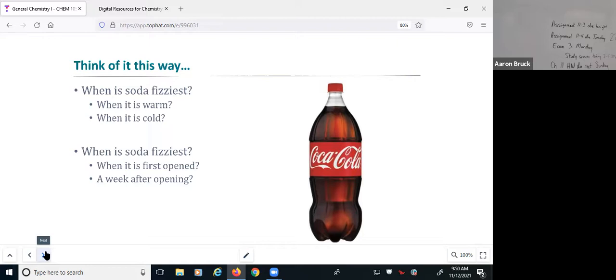The longer it sits out, the flatter it gets, because it gets warmer and because it starts to equilibrate to the pressure above it. So when you think Henry's law, this is what you need to think about, because this is kind of the easiest example for what two relationships exist.